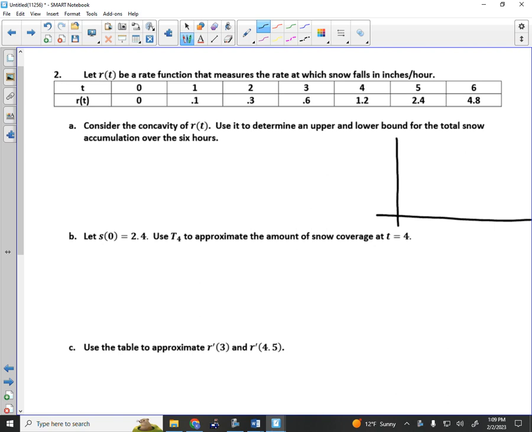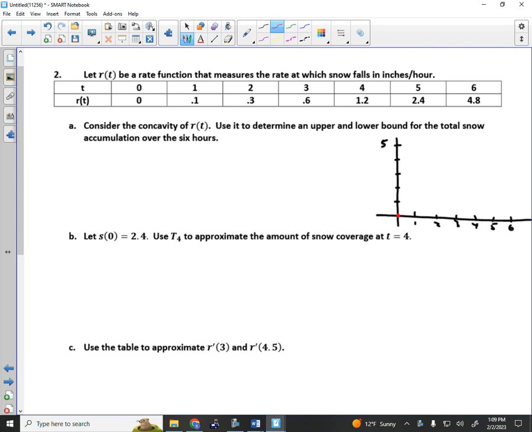In fact, if I were to just kind of model it, 1, 2, 3, 4, 5, and 6, we have 0, 0. And sometimes people ask, well, how do you know if you're supposed to graph it?